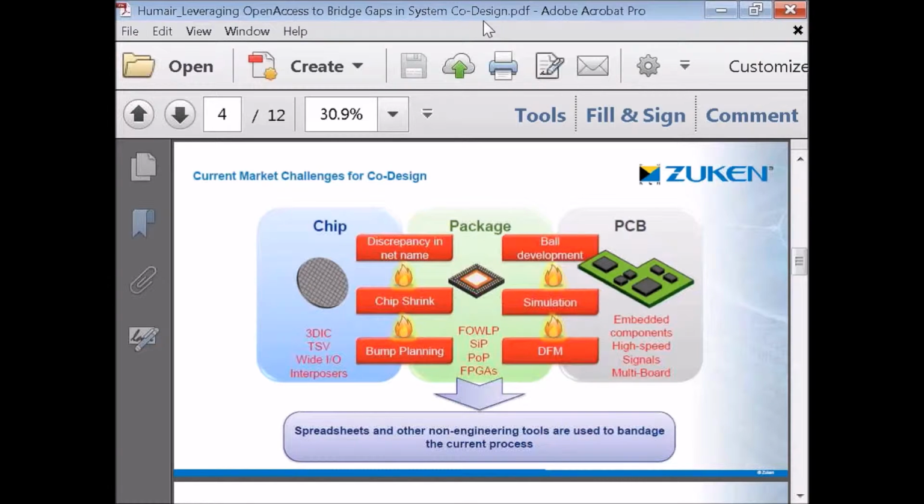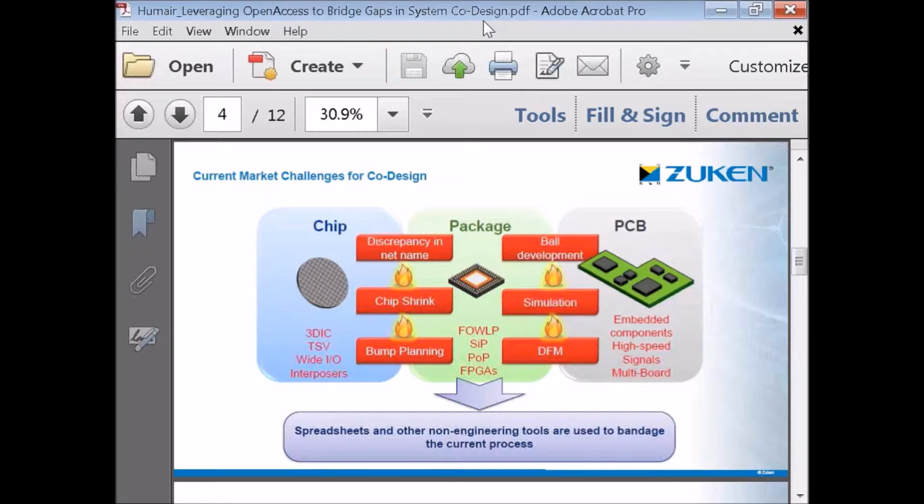All right, so challenges. What are we seeing in challenges today? At the moment, in the grand scheme of things, we have tools that are being used from the chip design side. We have different tools being used for packaging and different tools being used for printed circuit board design. And as we all know, we go through it on a day-to-day basis, in the process there's just a lot of gaps in how we communicate.